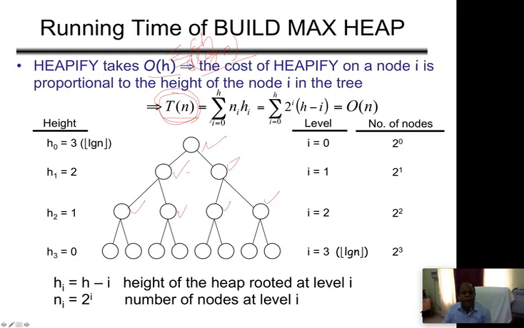Hence, it will be i from 0 to h, the summation over height i of n_i times h_i. Because in this, how many nodes are there?